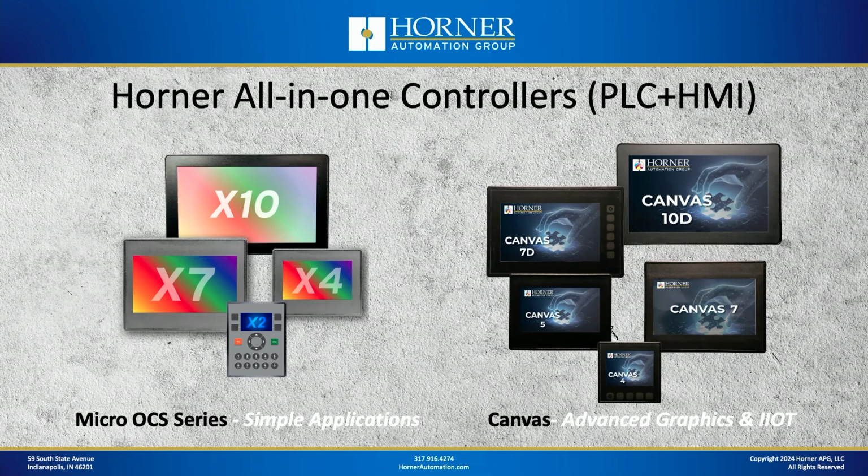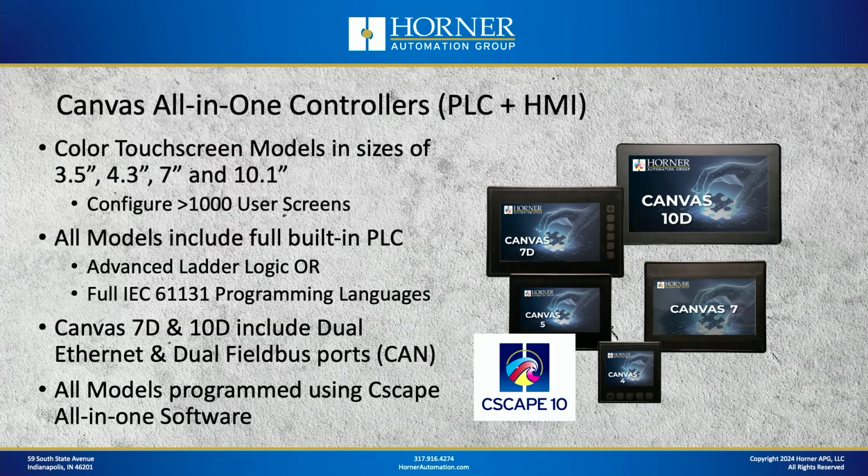Micro OCS has the most popular protocols built in. Canvas has those plus a lot more, including IIoT protocols like MQTT Sparkplug, and also the ability to remotely monitor and control your Canvas unit without any additional licensing requirements. So that's really kind of the quick comparison between our entry-level Micro OCS and our most advanced Canvas.